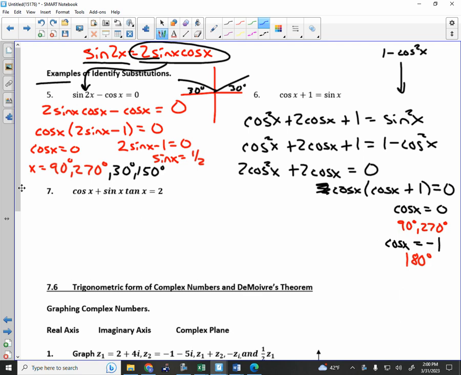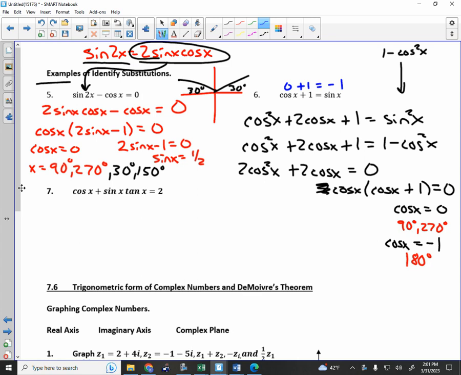We plug in 90. The cosine of 90 is? 0. Plus 1 equals, what's the sine of 90? 1. Is that statement true? Yeah, so we keep the 90 degrees. Now we try 270. Cosine of 270? 0. Plus 1. What's the sine of 270?